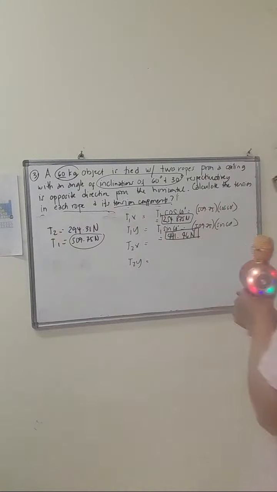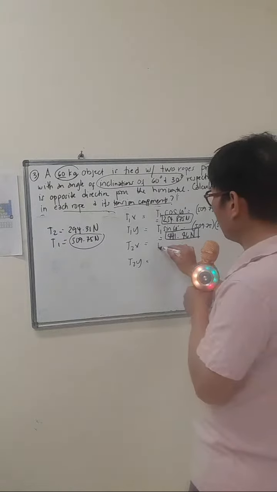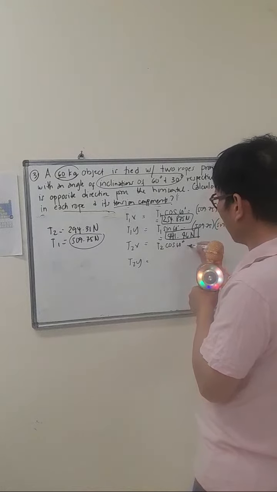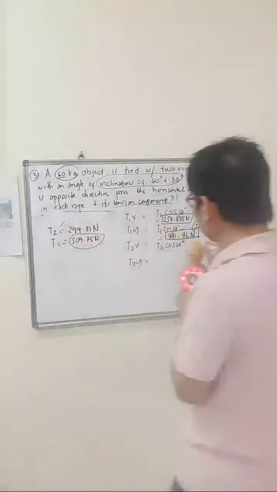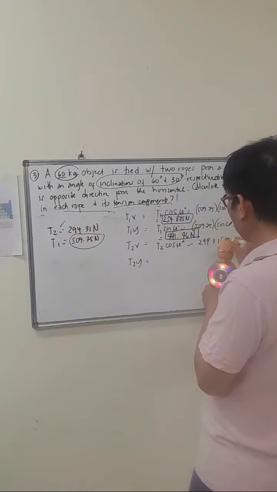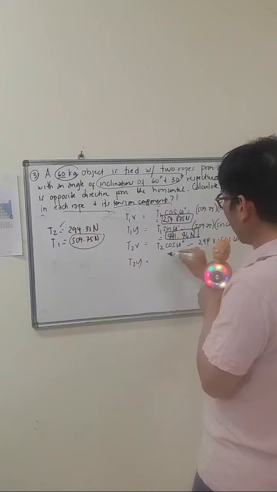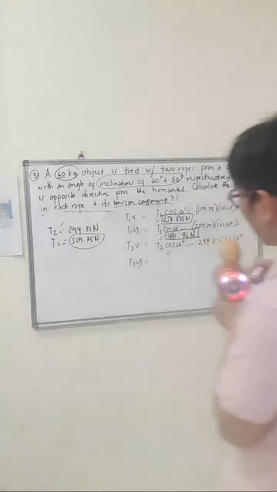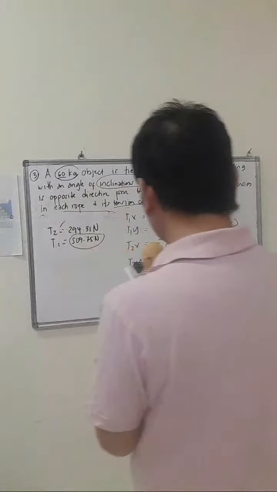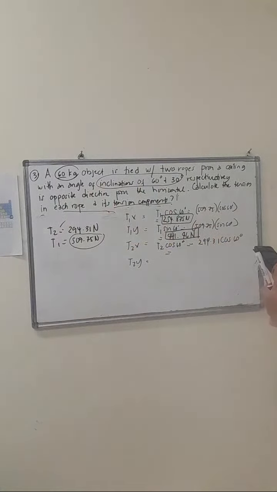Okay. Now you go to your rope 2. T2 horizontal, cosine of 60 degrees. And now we have T2 here already resolved: 294.31 and then cosine of 60 degrees. Now your tension force of the rope 2 in our horizontal axis will be cosine 60 times 294.31.